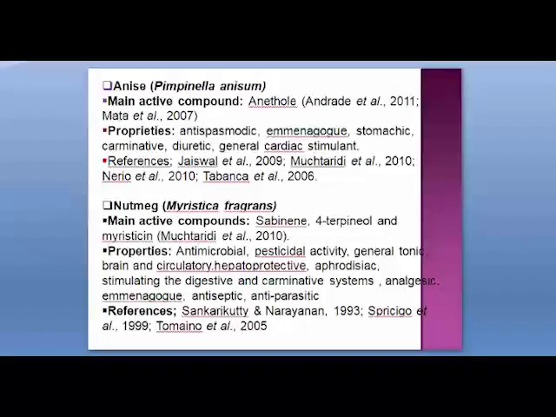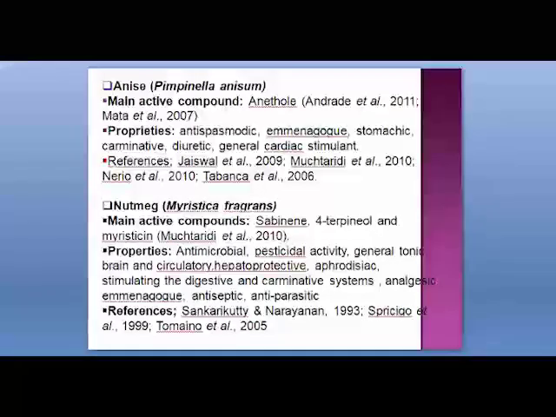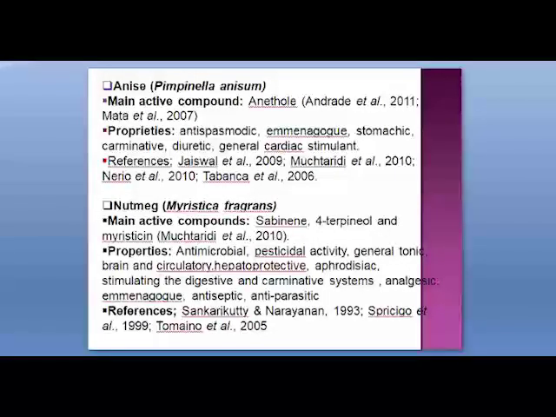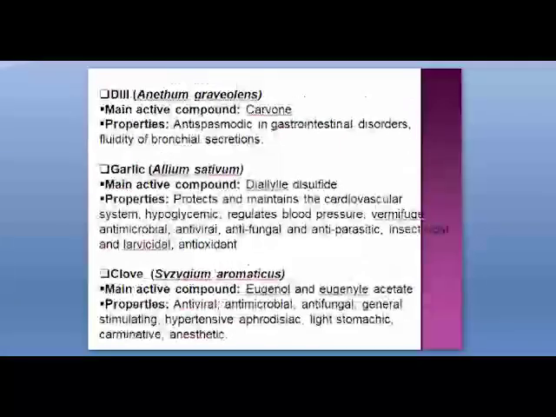So a lot of these aromatherapy volatile chemical compounds are stress relievers. Most of them are stress relievers. You realize that most of the properties have to do with stress and the mental capabilities.